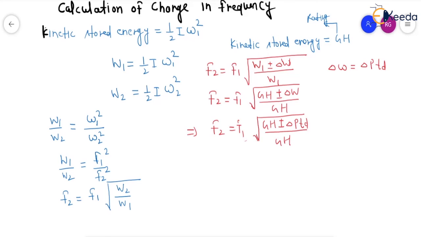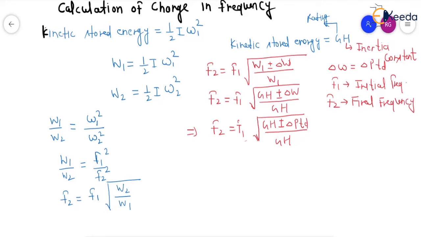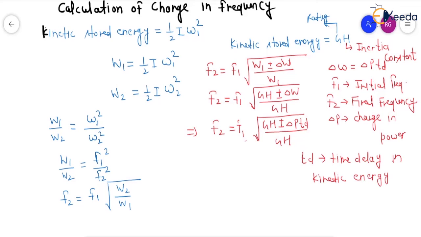where G is machine rating, H is inertia constant, F1 is initial frequency, and F2 is final frequency, delta P is change in power, and delta W is change in energy, and TD is time delay due to load change.